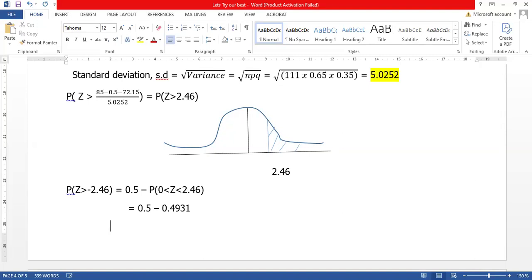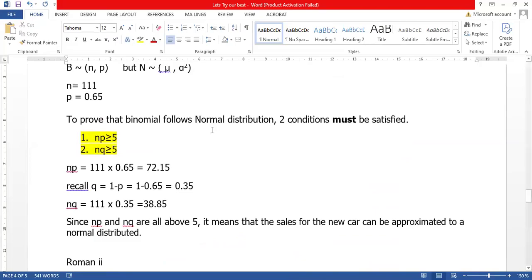What do you get? 0.5 minus 0.4931, which is 0.0069. You see on the calculator, you get 6.9 times 10 power negative 3. So it means that this 6 must come in the third place. Okay, colleague, that's all with that question.